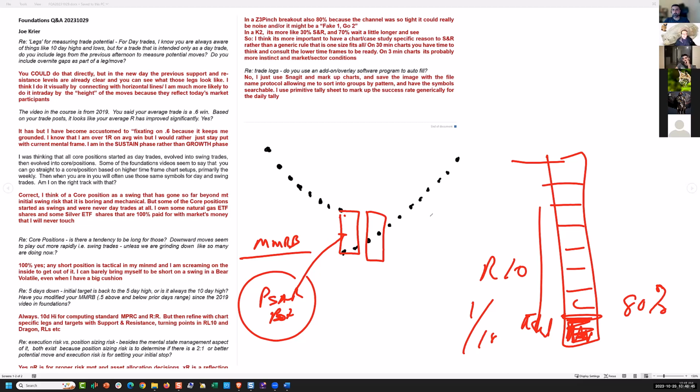But sometimes, and I'm going to do it in purple, sometimes that R10 is like this. And I'll take that as 0.2.